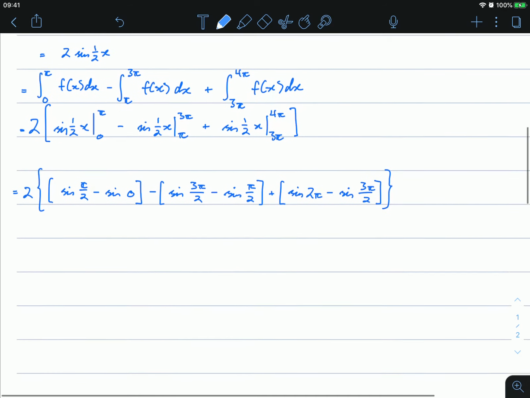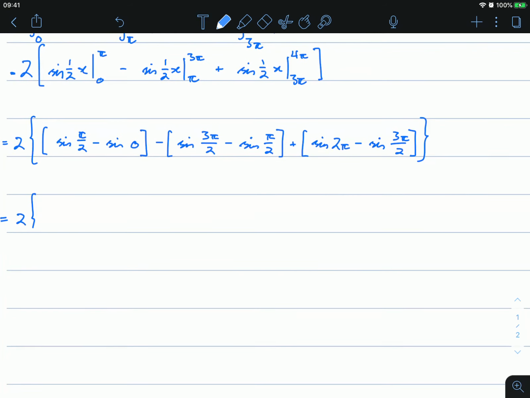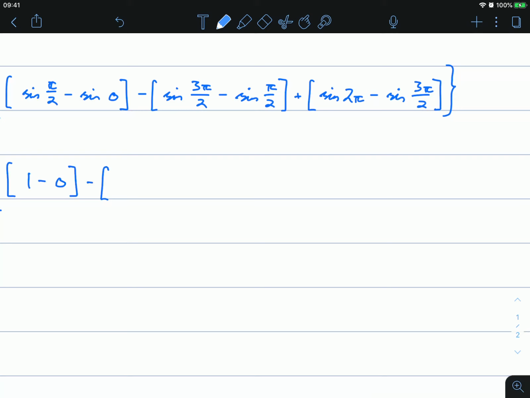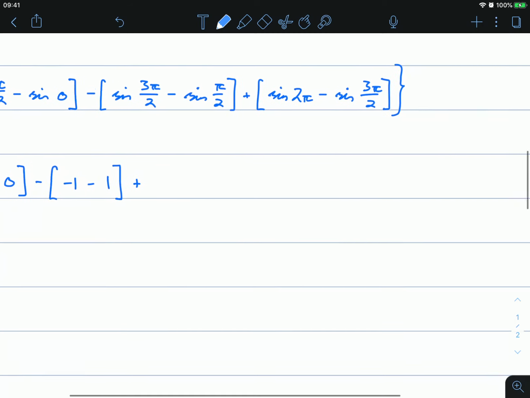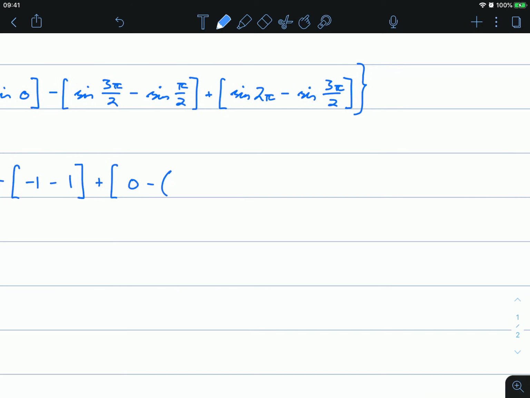Evaluating each of these, you can do this in the calculator, or if you can remember your unit circle, sine pi on 2 is going to be 1, minus sine of 0 is 0, minus sine 3 pi on 2 is negative 1, minus sine of pi on 2 is positive 1, plus sine 2 pi is the same as sine of 0, that's 0, minus 3 pi on 2 is negative 1, so minus minus.